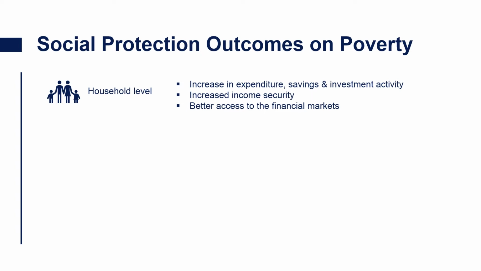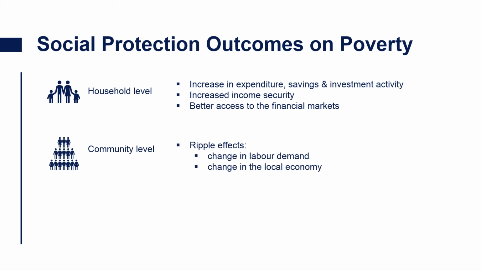In this way, beneficiaries of social protection can become independent of transfers in the long term and break the cycle of poverty. As can be seen here, ideally the programs are interlinked and increase the possible outcomes on poverty.